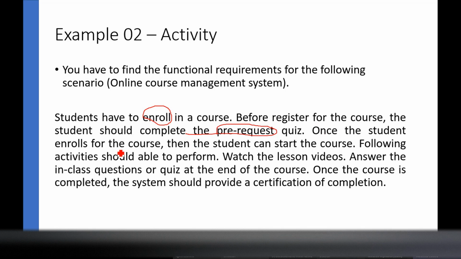Once the student enrolls for the course, then the student can start the course. Now the student is enrolled by completing the pre-requisite quiz, then the student can start the course. The following activities should be able to be performed. Watch the video lessons.